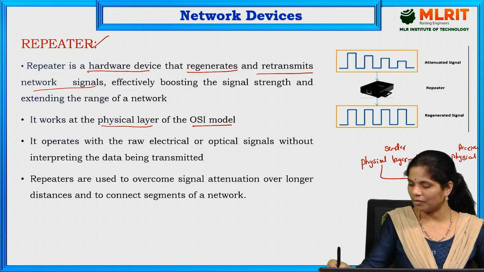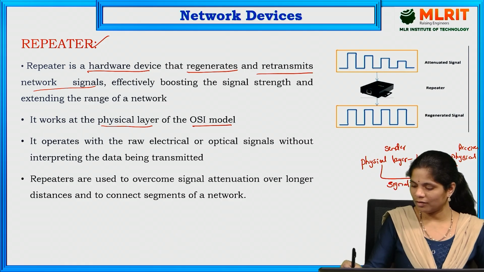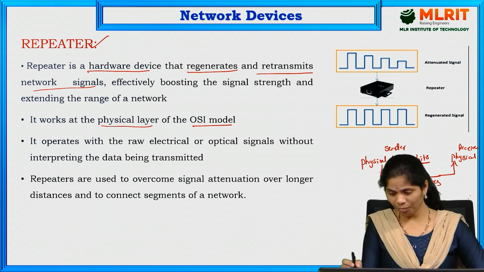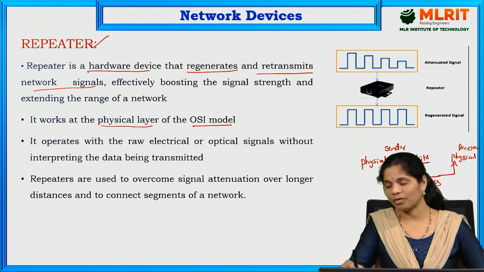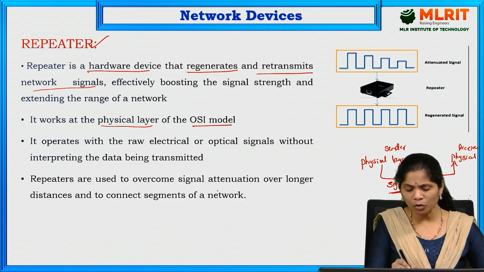Whatever data goes from the sender to the receiver, those bits are converted into signals or waves. Whenever we transfer those signals, there is a chance of attenuation.